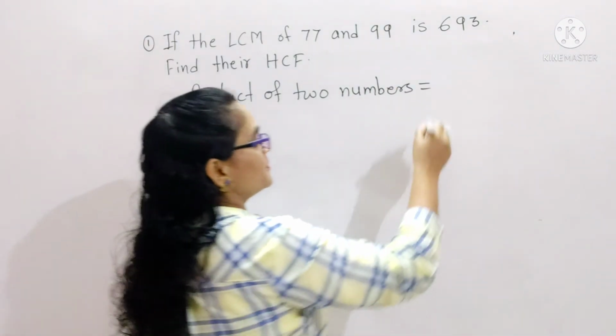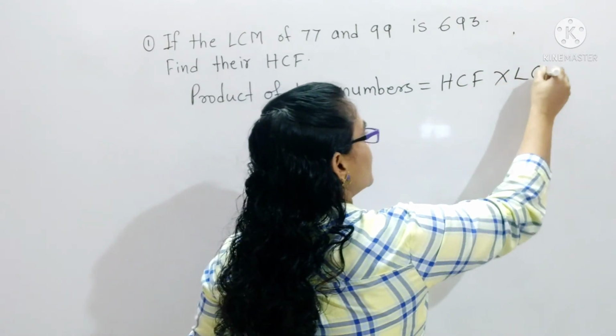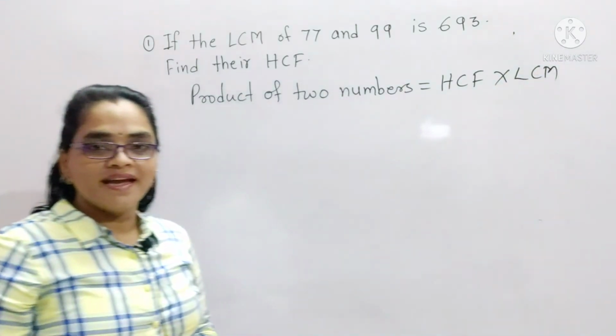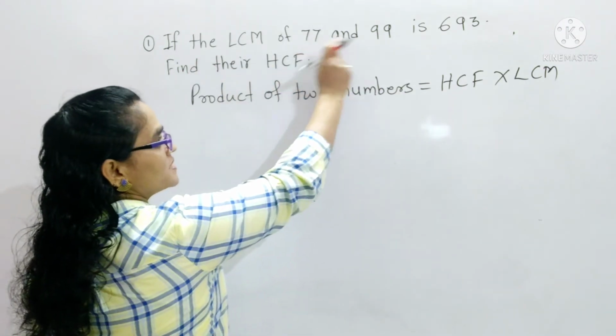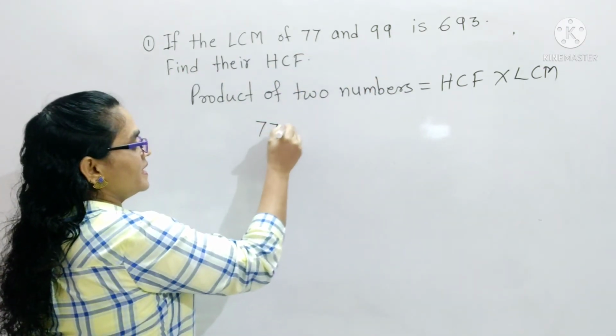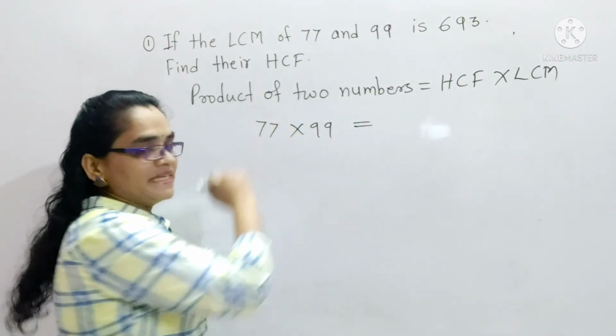The product of their HCF into LCM, or directly you can write HCF into LCM. Okay. Put the values. The product of two numbers means which two numbers we have? 77 and 99. 77 into 99 is equal to HCF.